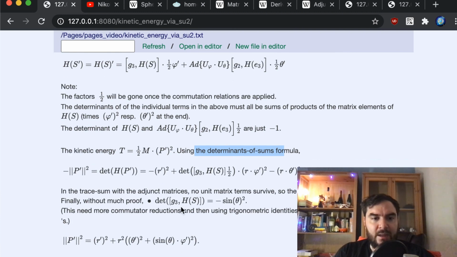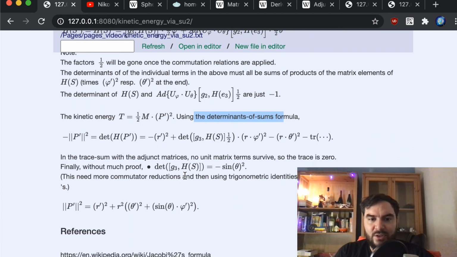Okay, and as argued, but not actually proven, the trace term is 0, and this thing is also a one-liner in Mathematica, but I don't want to actually unpack these matrices. You get something which is sines or cosines, obviously, and it turns out the phi terms cancel out, and you're just left with minus sine squared.